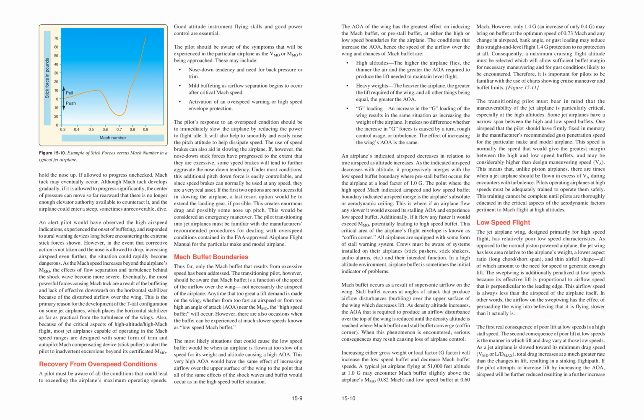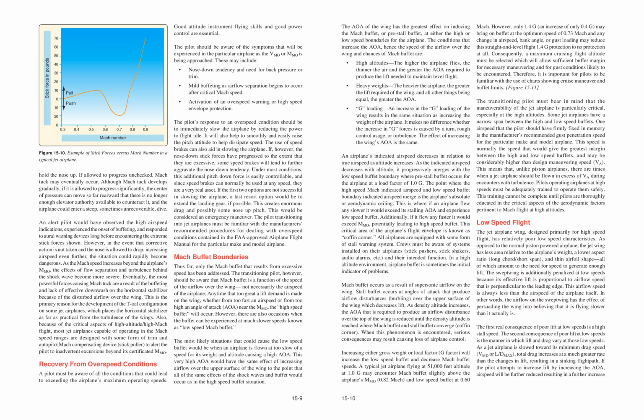All airplanes are equipped with some form of stall warning system. Crews must be aware of systems installed on their airplanes, stick pushers, stick shakers, audio alarms, etc., and their intended function. In a high-altitude environment, airplane buffet is sometimes the initial indicator of problems. Mach buffet occurs as a result of supersonic airflow on the wing.